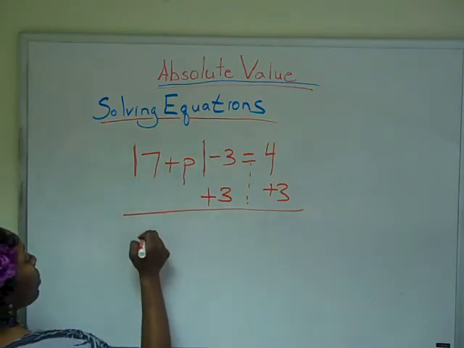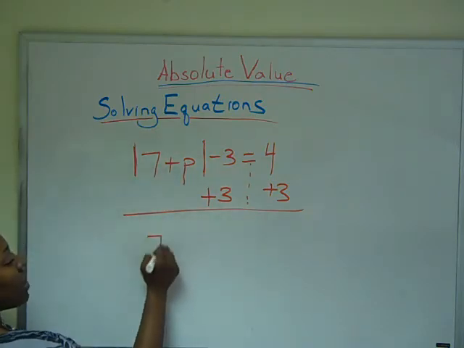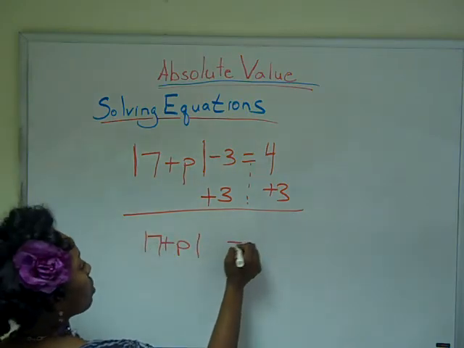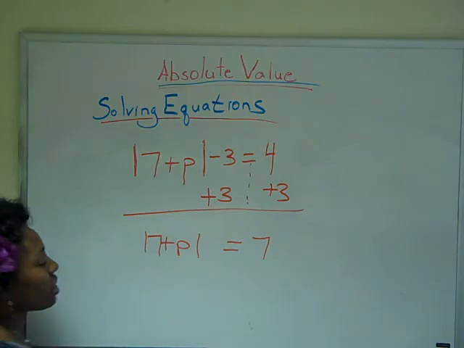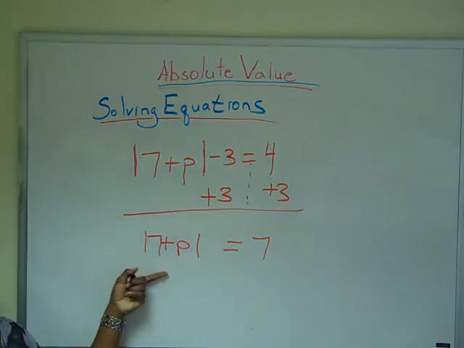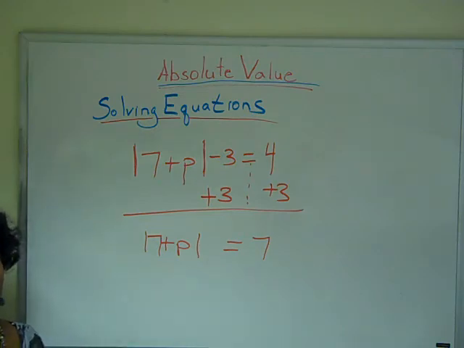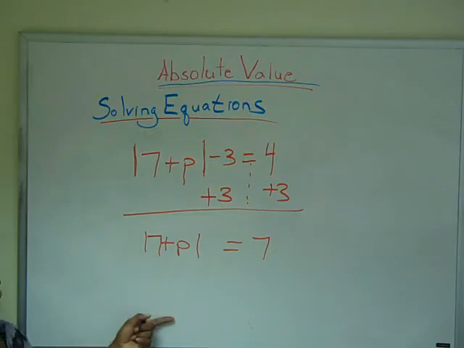So when we add down, we have the absolute value of 7 plus p equals 7. Now we have our absolute value by itself on one side of the equation and everything else on the other side of the equation. Now we can proceed to solve our equation just as we did the last one.